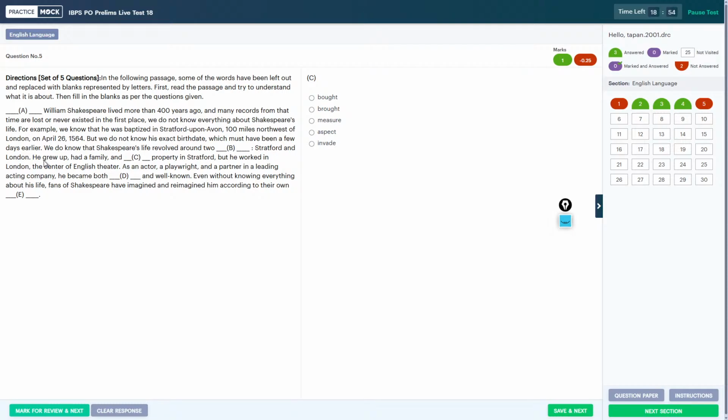He grew up, had a family and bought property in Stratford, but he worked in London as an actor, a playwright, and a partner in a leading acting company. He became both prosperous and well known, even without knowing everything about his life.